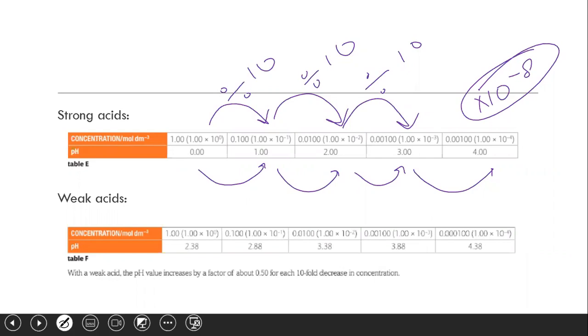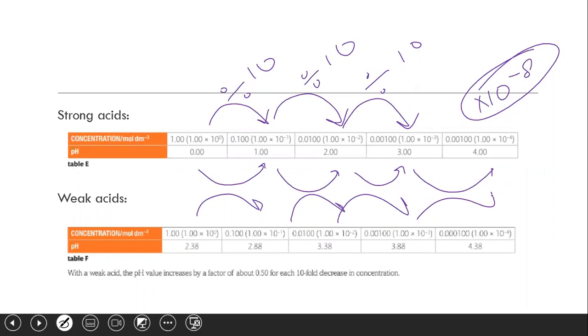For a weak acid, again, I am decreasing the concentration by a factor of 10. And as you can see, the pH is increasing by the value of 0.5. So again, as the concentration decreases, the pH increases, going towards the alkaline side.